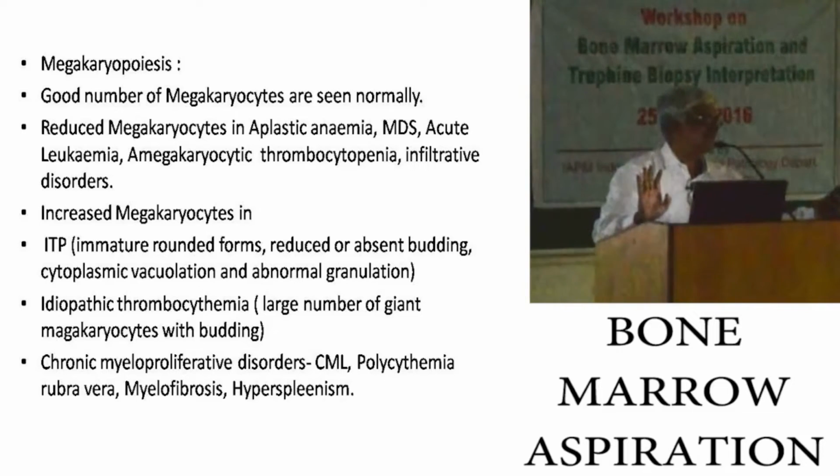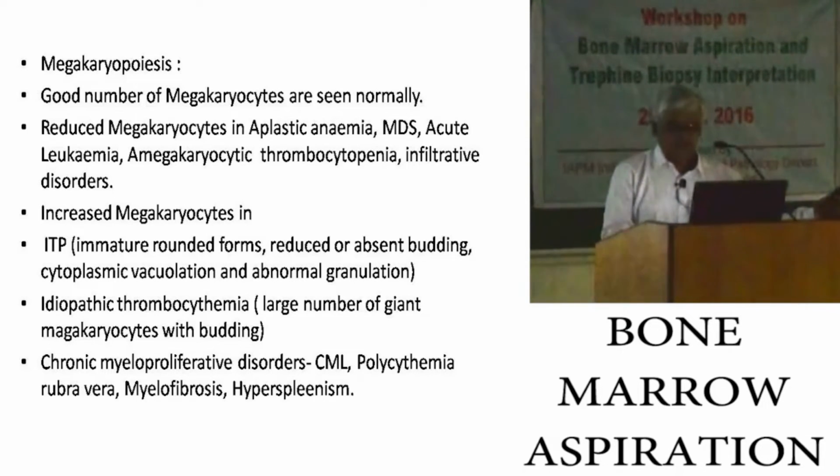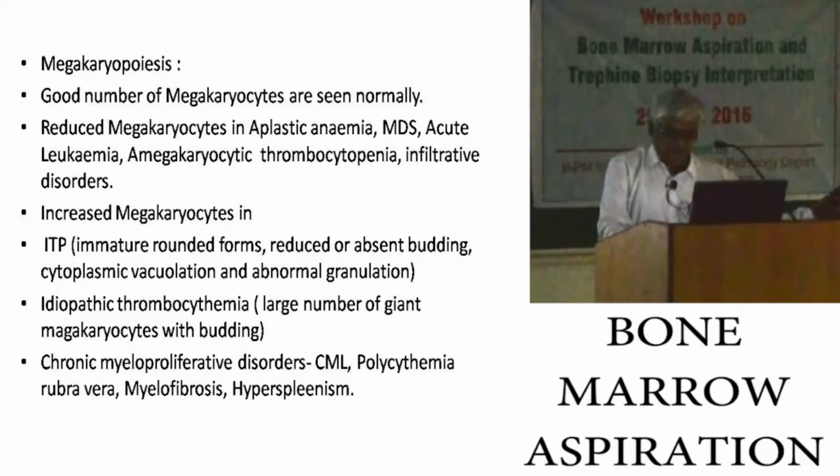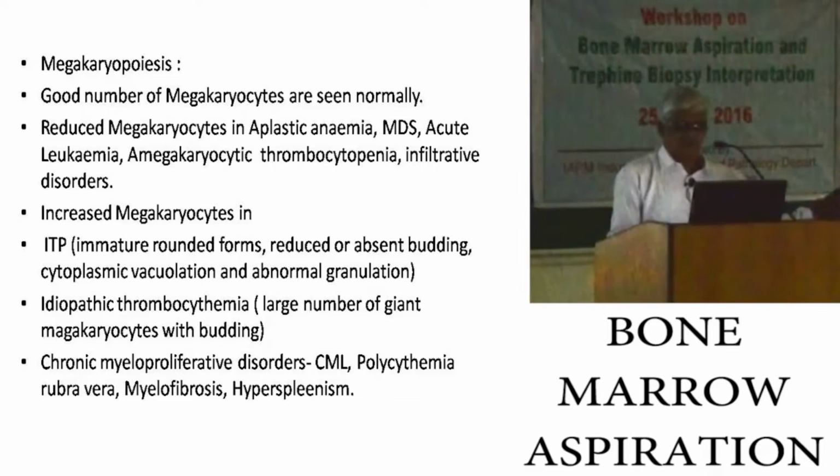Now, a large number of megakaryocytes are particularly seen in ITP, then idiopathic thrombocytosis and chronic myeloproliferative disorders.